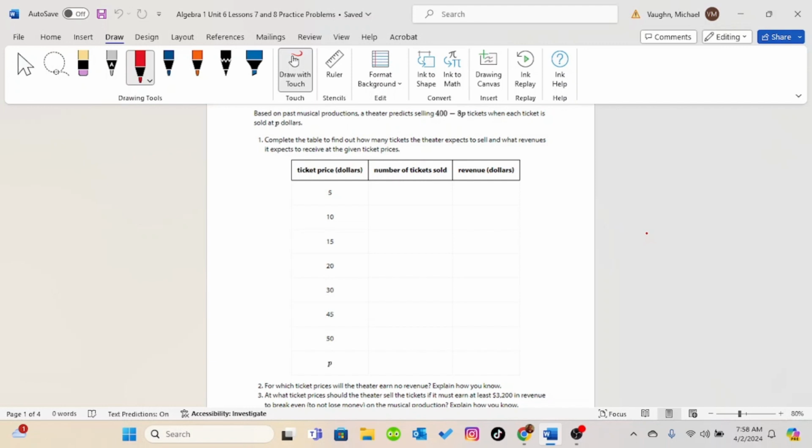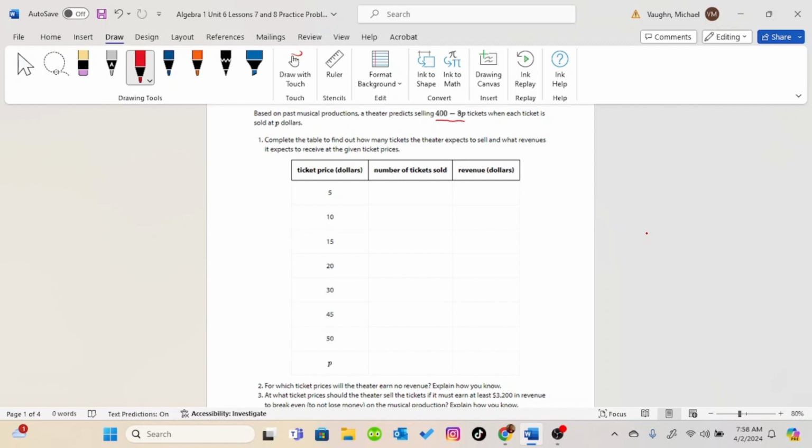So we can actually start at the bottom. If we don't know the ticket price, then we can expect to sell 400 minus 8p tickets. Now, for all of the others, we just substitute the ticket price in for p.